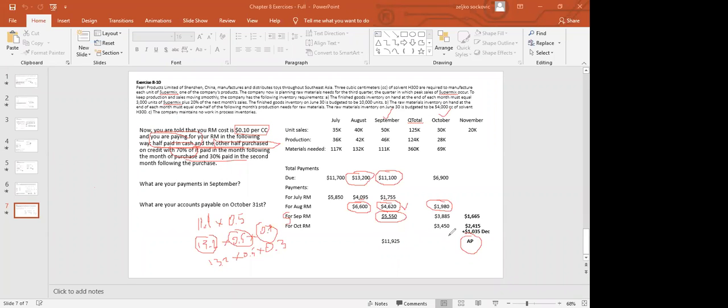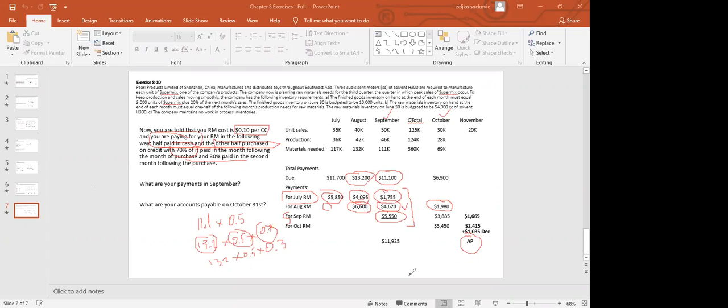Okay. And what else do I need to collect? Well, if I'm going across 2 months, then July is also included in this. So I have here half of July, that's cash, and then the other half, 70% in August and 30% in September.